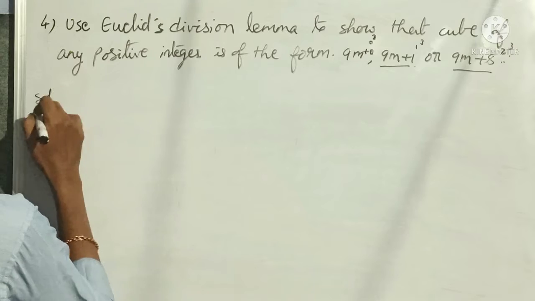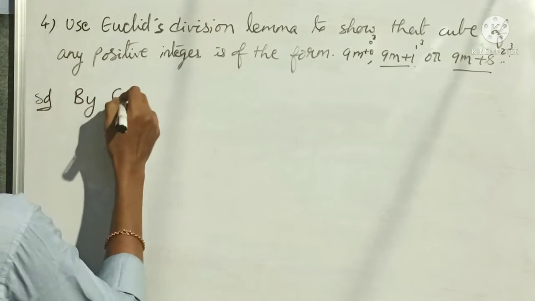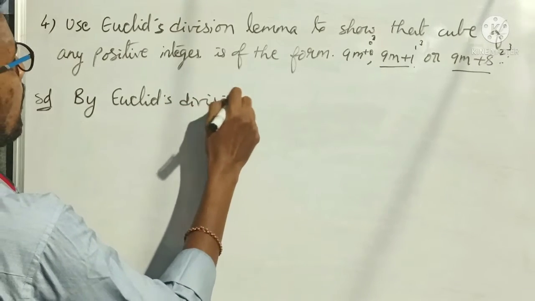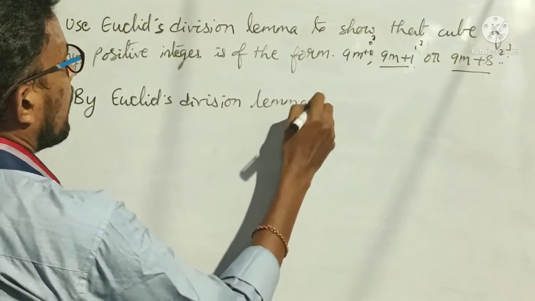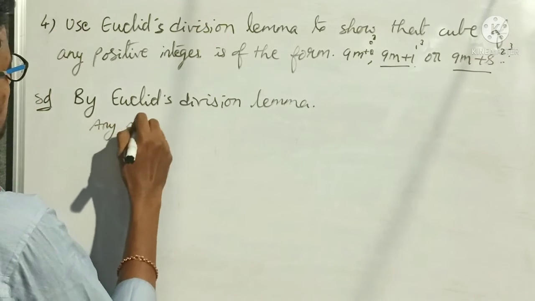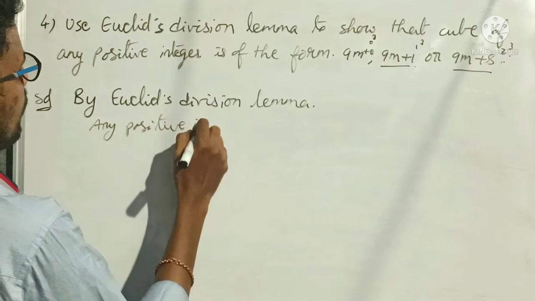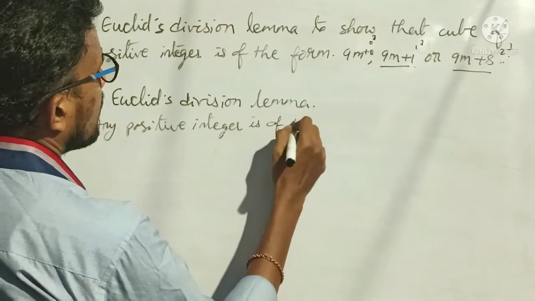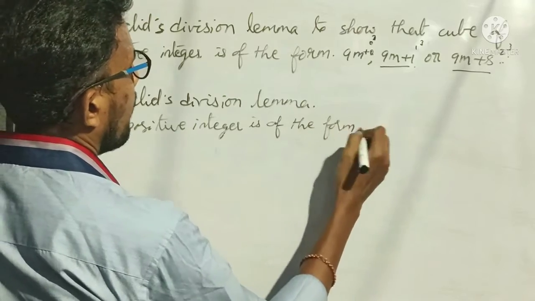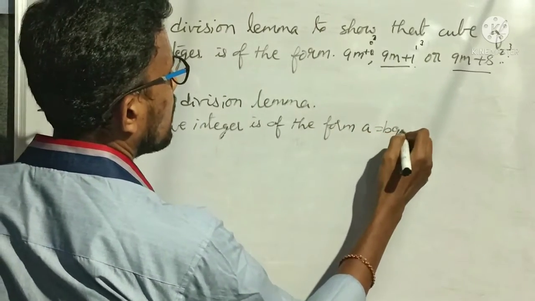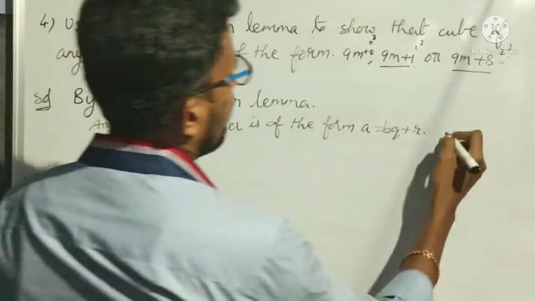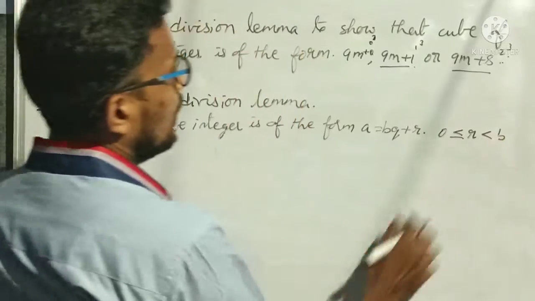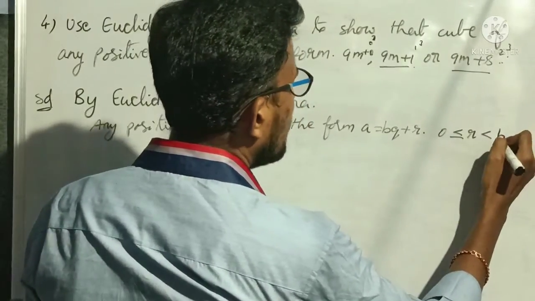So solution by Euclid's division lemma, any positive integer is of the form a is equal to bq plus r, where, I am not writing this condition, I will forget it, sorry, this condition is very very important, where 0 less than or equal to r less than b.